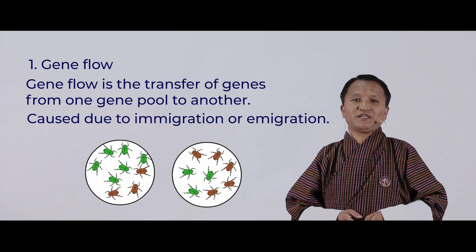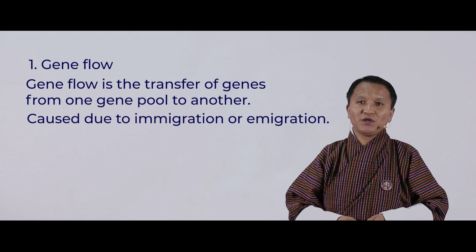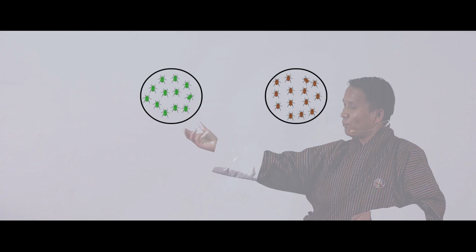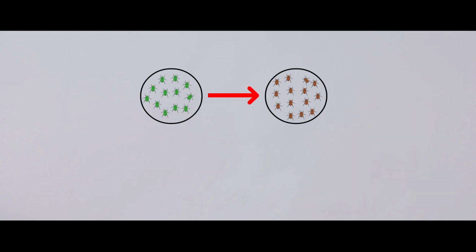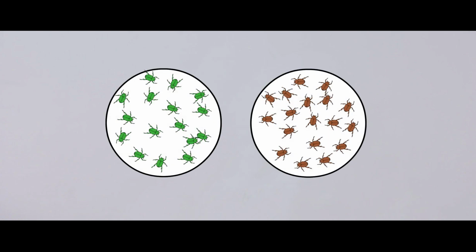This process happens in two ways. One, we call it immigration, when there is a movement of a member from another population to this population. But if some member moves from this population to the other population, we could also call it emigration. Okay, let us look at an example of beetles here. You could see two sets of beetles, one green and the other brown.